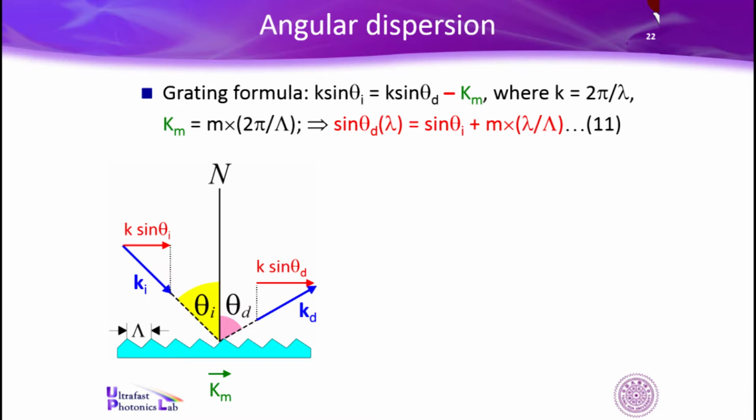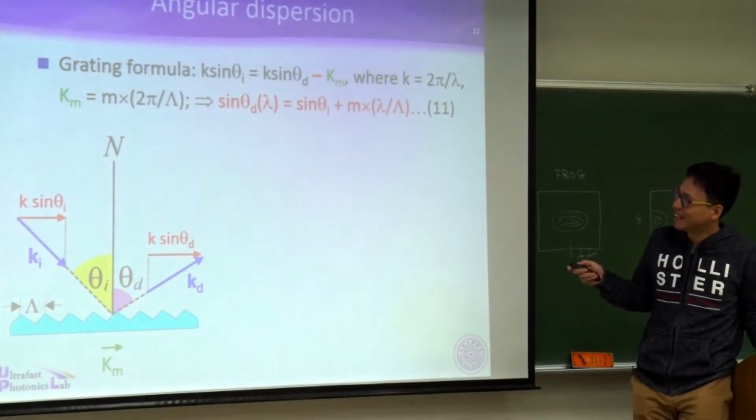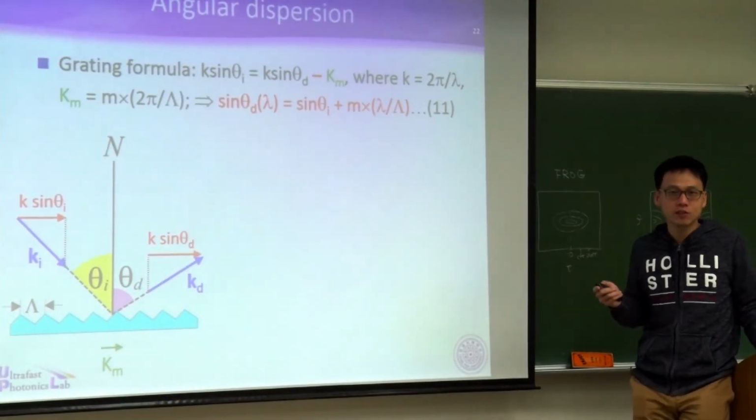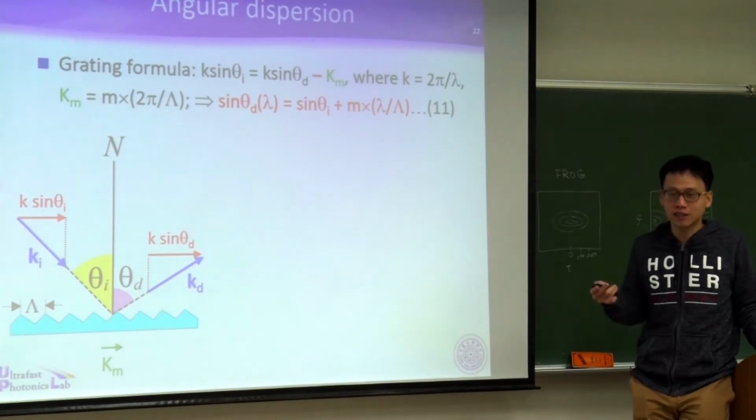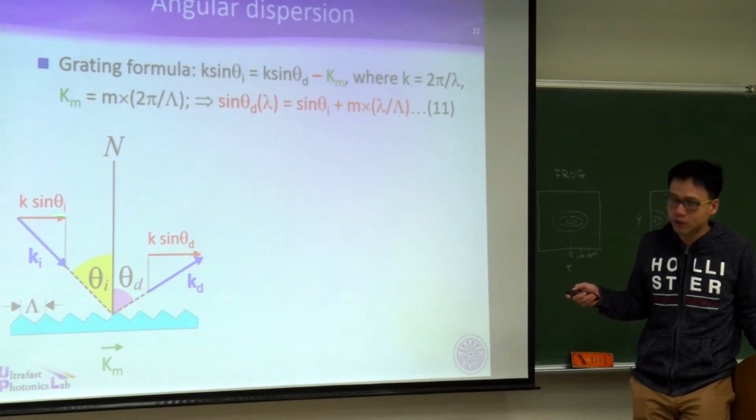And the grating formula, there are different ways you can derive it, but this should be the easiest way. It's shown here. In physics, it's usually referred to as momentum conservation. But you can also regard it just as conservation of wave vector components along the horizontal direction.